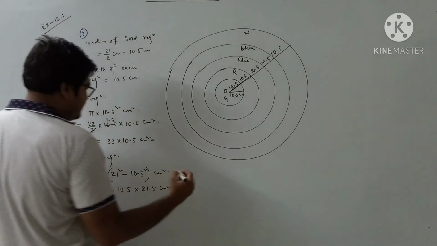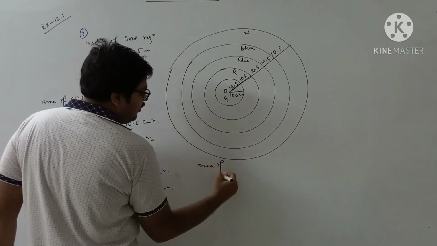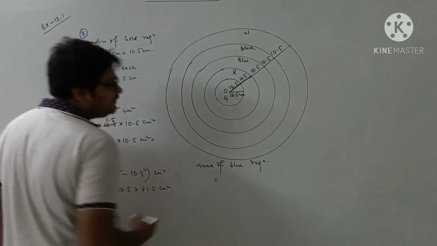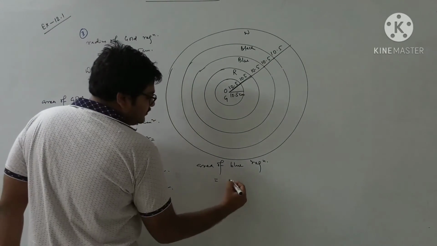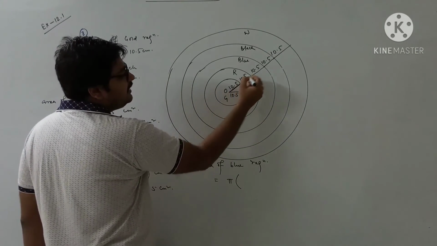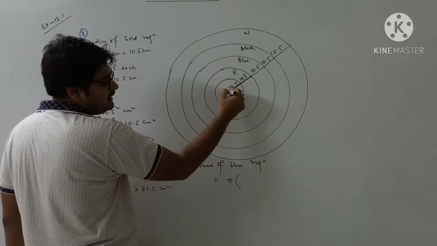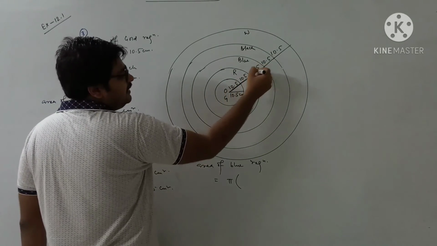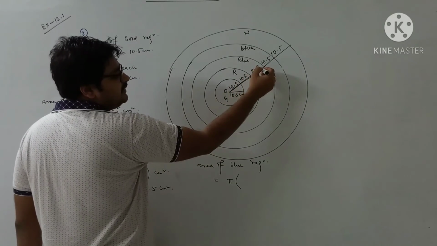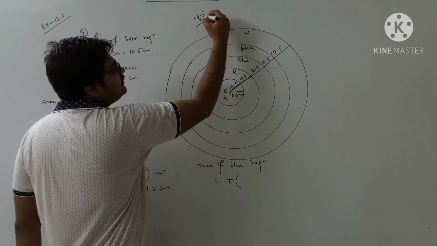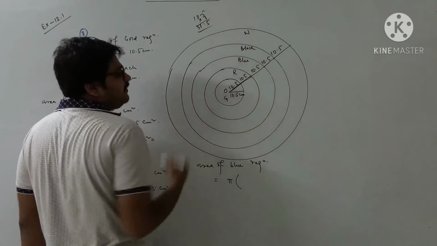Now, area of blue region. What will it be? Pi into... from the center to the blue region, what is the total radius? 10.5 into 3, which is 31.5.